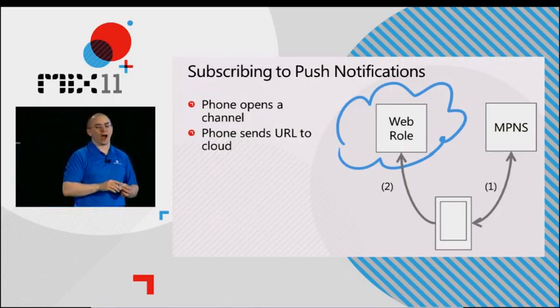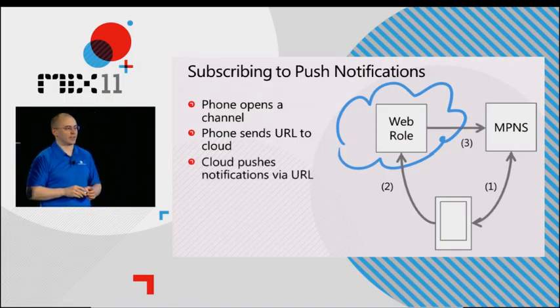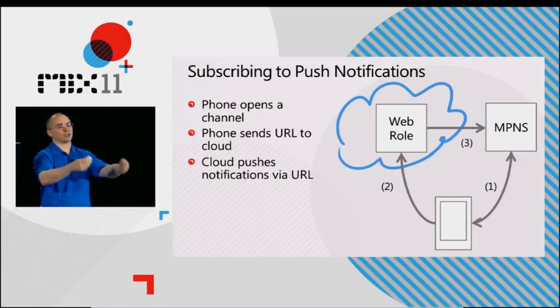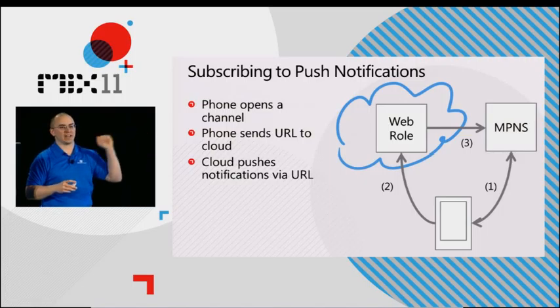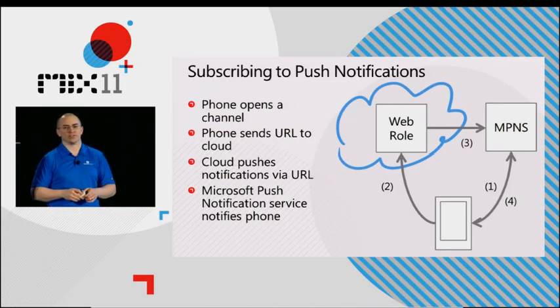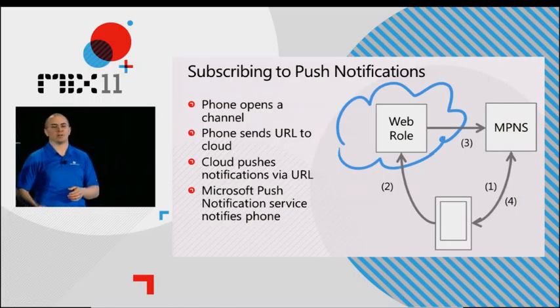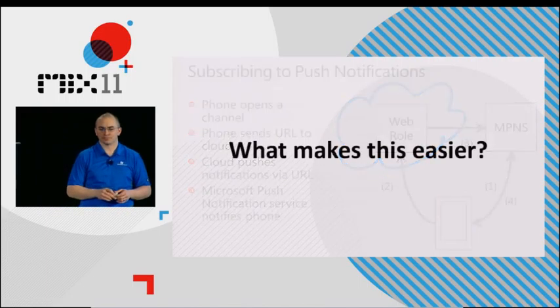That URI then becomes something that my web role, my application, uses to communicate to the Microsoft Push Notification Service. So now when I want to push a notification to the phone, I use this URI to send a message to the Microsoft Push Notification Service, and then it is able to send that message down to my phone. This is the pattern to go about doing it. It's a pretty neat pattern and opens up a lot of opportunities.